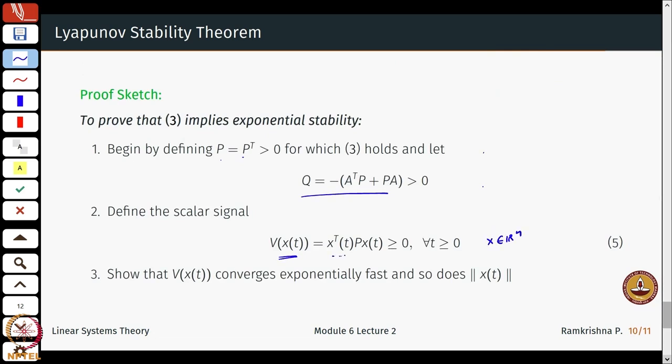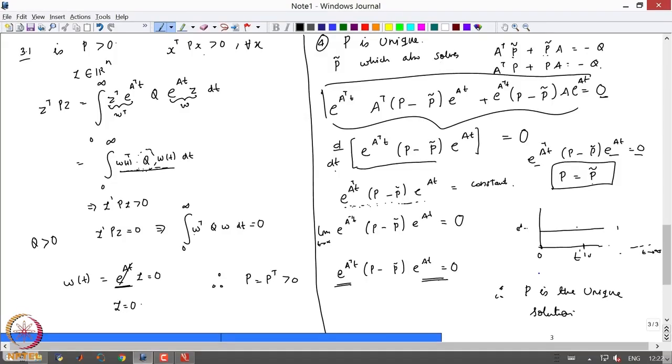If I show that V of x(t) converges exponentially fast, then the norm of x(t) will converge exponentially fast, and this will also mean that the solution of our original system converges exponentially fast, resulting in exponential stability. Okay, we will write that down one by one and then check for ourselves.